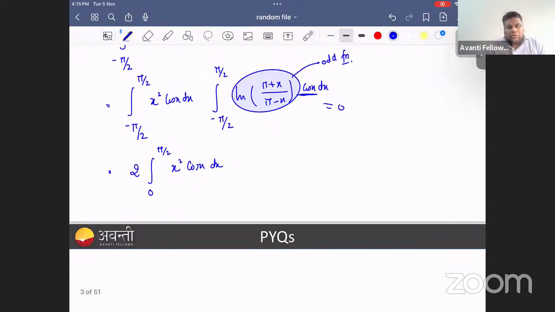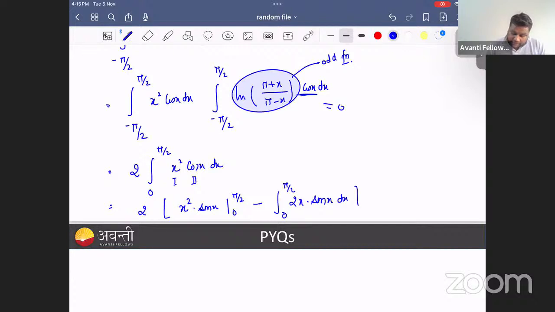Now I have to use by parts to get through it. So I'll consider this one as first and this one as second. So 2 times first, integration of second, cos x integration is sin x, limit from 0 to pi by 2, minus integration, derivative of first 2x, integration of second, that is sin x dx.